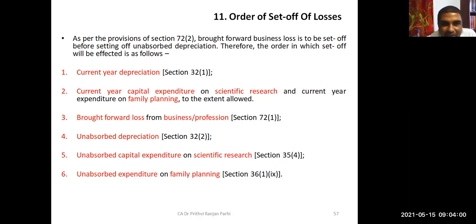Then unabsorbed capital expenditure on scientific research. If there is some unabsorbed scientific research expenditure, that comes next. Then unabsorbed expenditure on family planning. So this is the order in which the losses or unabsorbed expenditures can be set off.